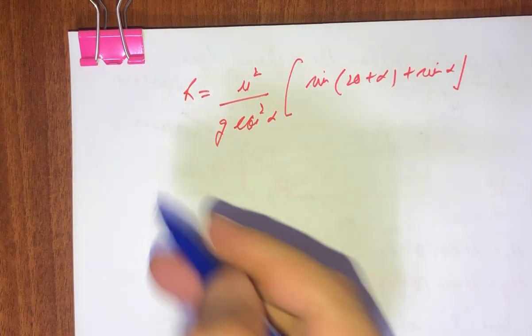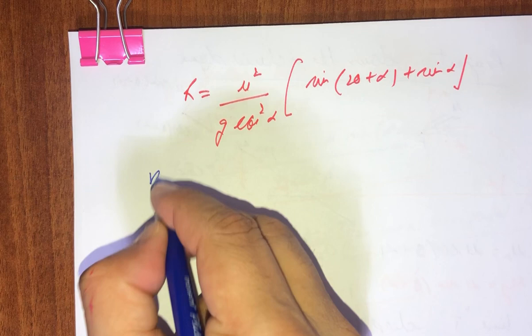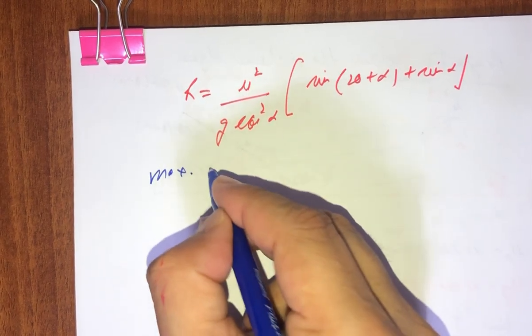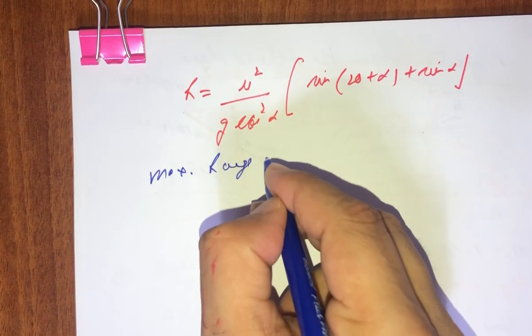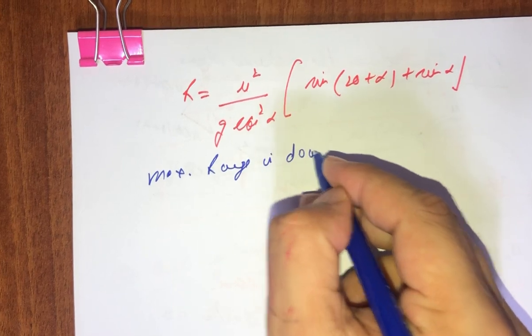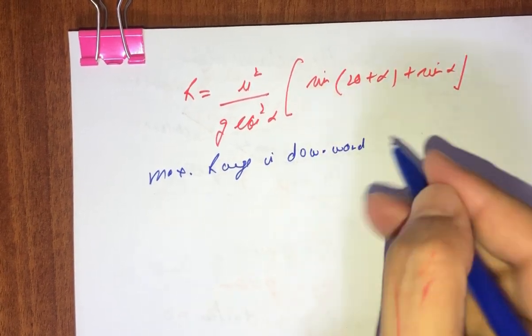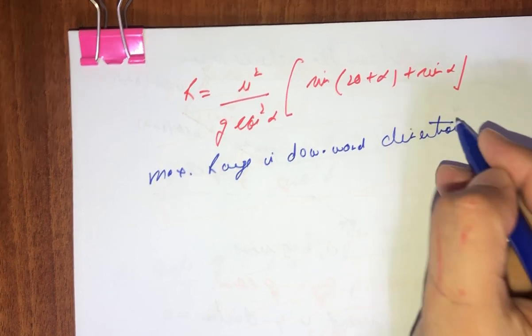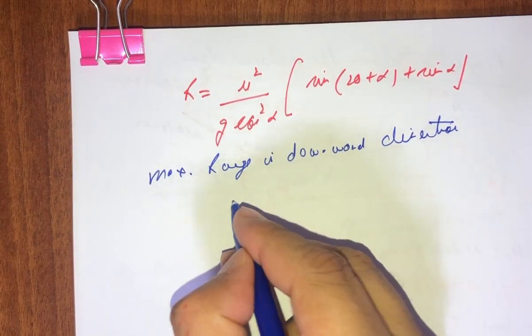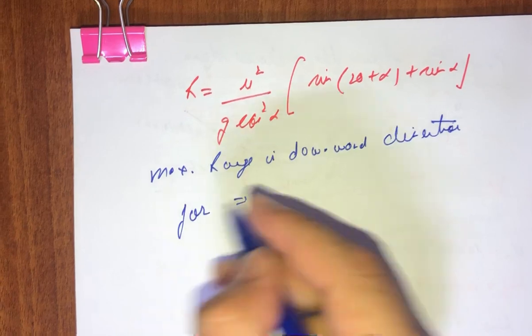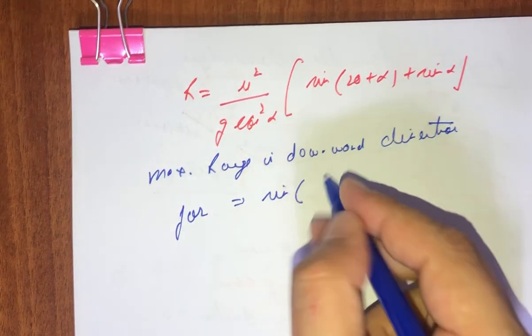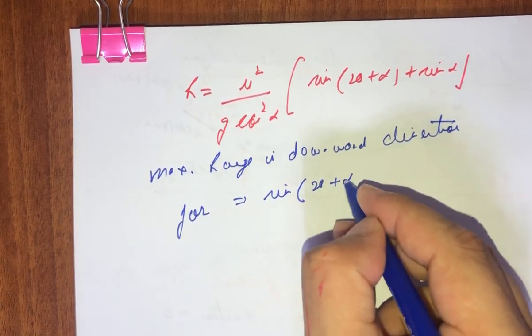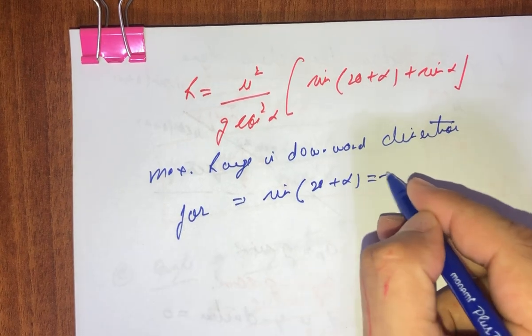So the maximum range in the downward direction will be when sin of 2 theta plus alpha is equal to plus 1.